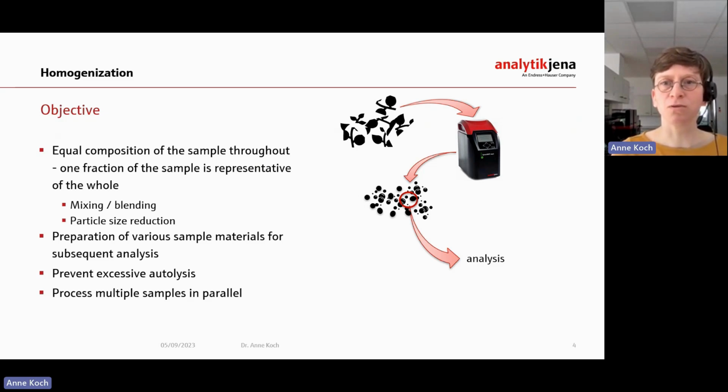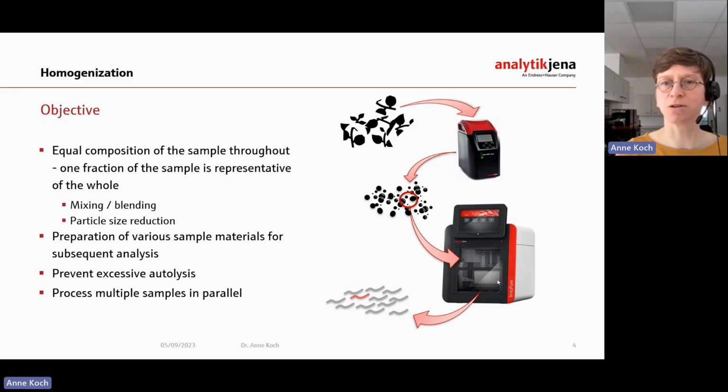So you can use your homogenate also for other analysis further downstream, but of course, in our case, we're going to proceed with a nucleic acid extraction after the homogenization. And of course, if you want to make it as streamlined and efficient as possible, you want to process multiple samples in parallel. That's what our devices enable you to do, to really speed up the process compared to a manual homogenization or extraction process.